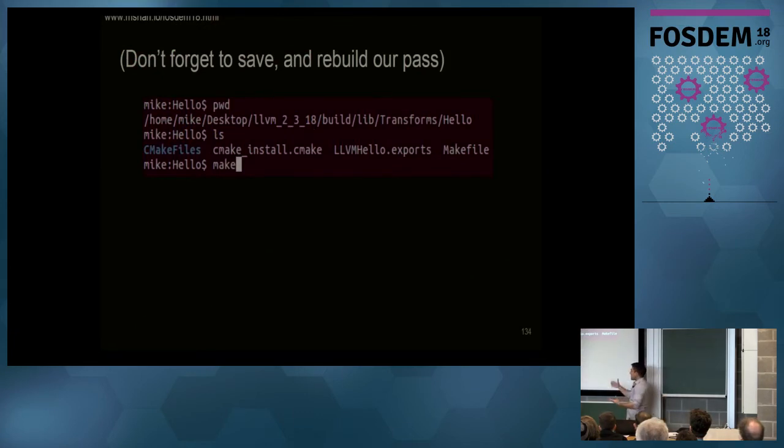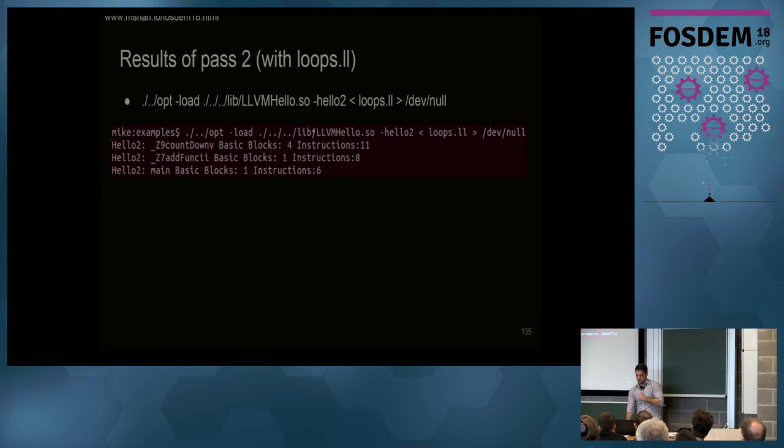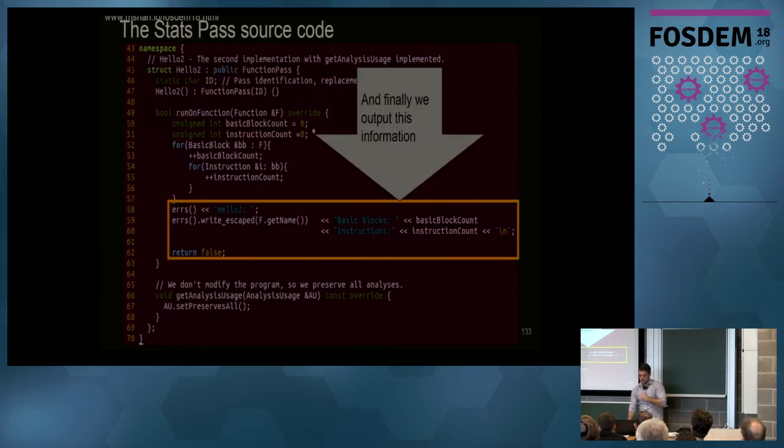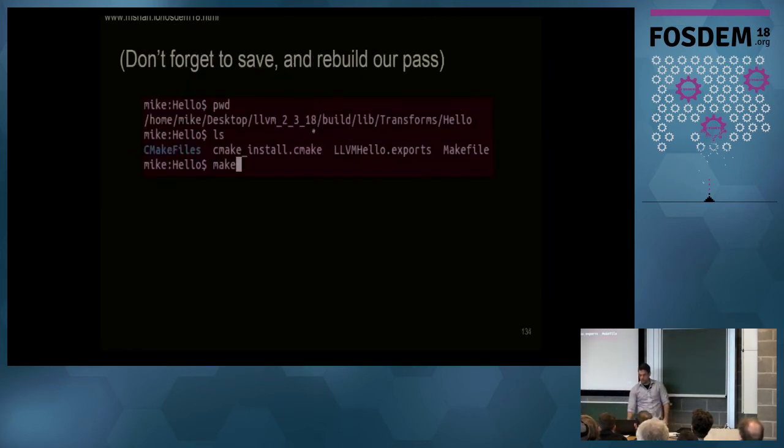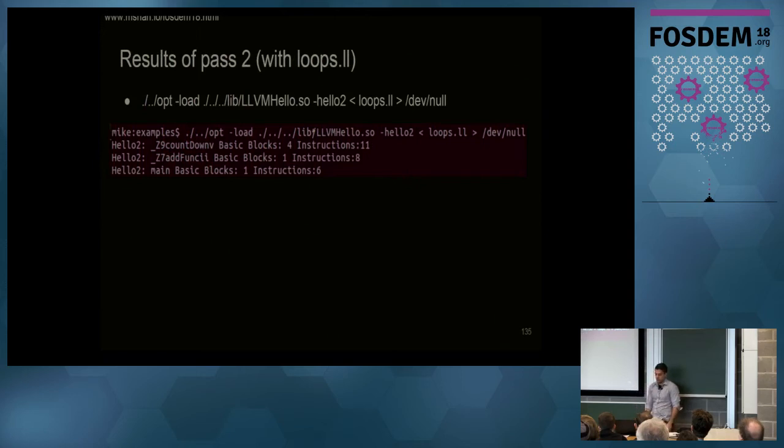Now, of course, I've modified our hello CPP, so I've got to save it and make again, as previously done, to build a new version of our library. This is hello two now.